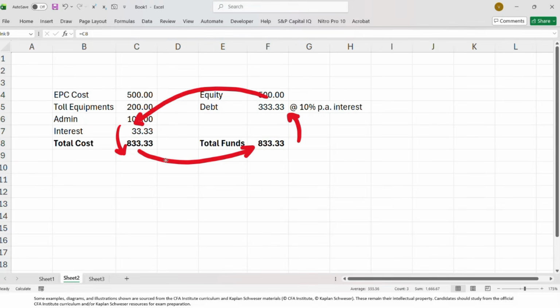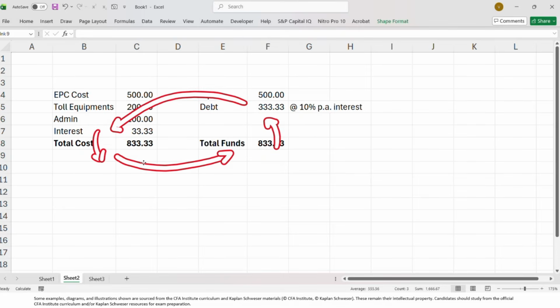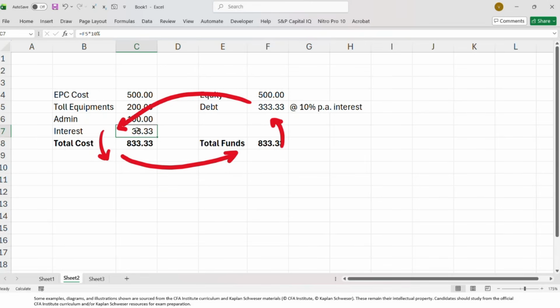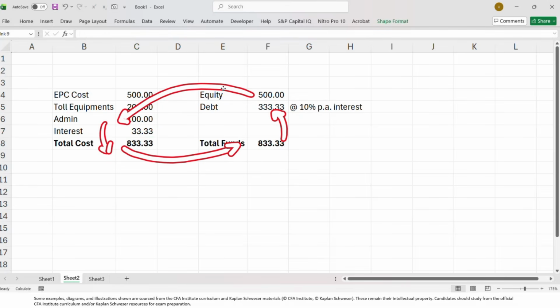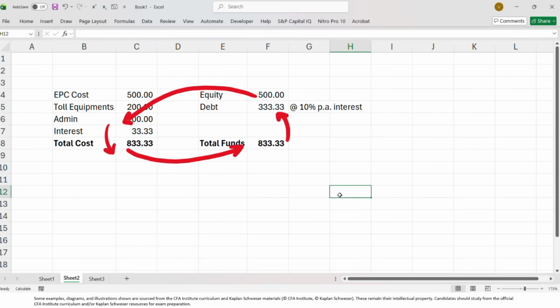It keeps telling me that, okay, you can keep moving this, but every time these numbers move, these numbers are going to change the math for you. 33 goes here, 833, 833 goes here, 333, 333 again adds interest of 33. So this iteration ran 100 times to get you these numbers. If you need more accuracy, you can increase the number of iterations. So this is called capitalization of interest.